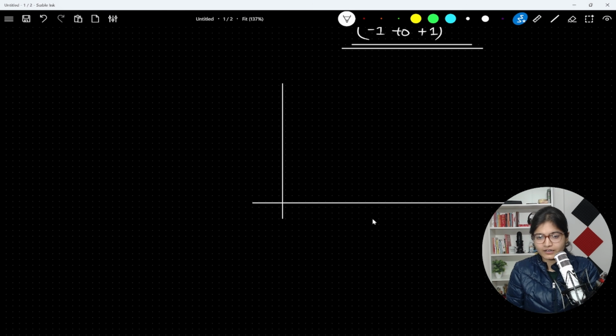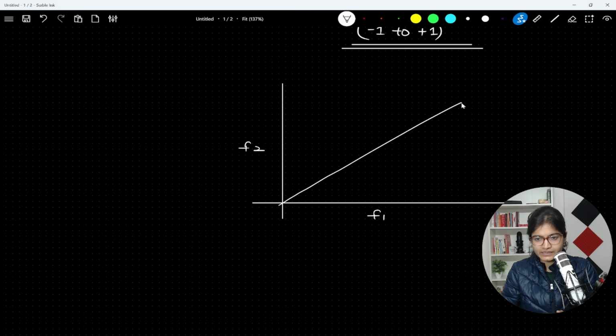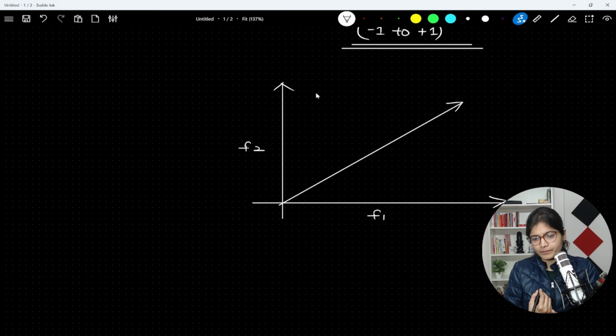Let's say I have a feature F1, and here I have a feature F2. If I am saying that at any point of time, when the value of F1 is increasing, the value of F2 is also increasing, something like this, they're directly proportional to each other. Let me give you a real-time example. Let's try to understand the relationship between the weight and the height of a person.